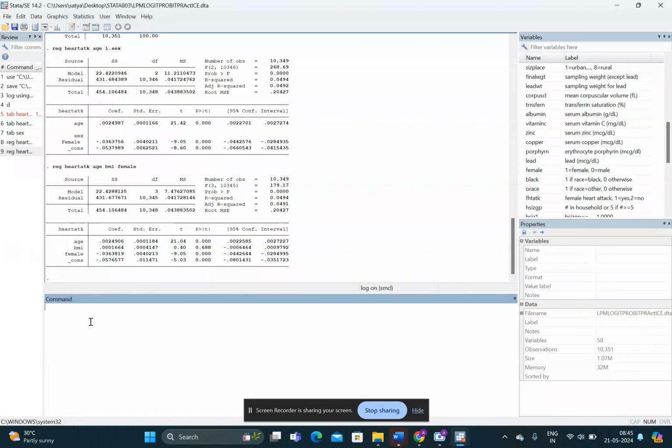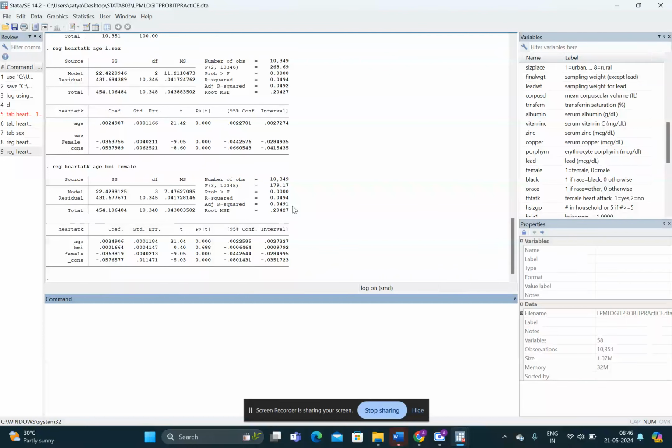Okay. So, in this case, as we can see, the model is overall significant, obviously, and the R square is 0.004. Adjusted R square is 0.04 also, 0.05 actually, if we round it off. In the case of age, the result remains the same; the coefficient value is nearly the same.